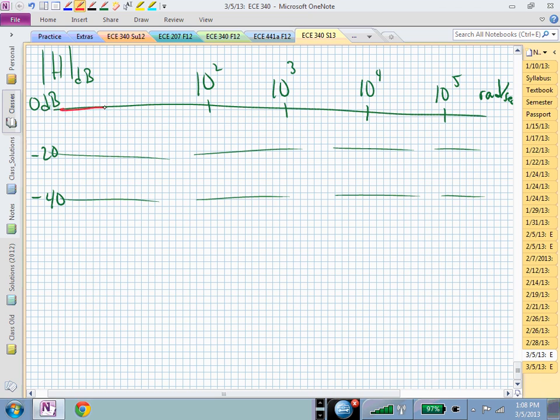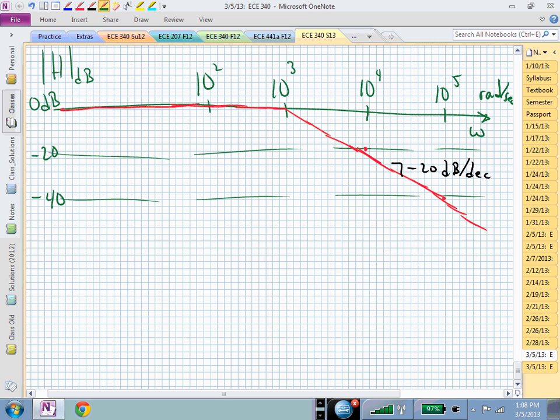I now know that I'm flat at 0 dB until I reach the break frequency, which is 1,000, and then I'm going to be going down 20 dB per decade after that. I like to indicate that by saying here's a slope of minus 20 dB per decade. And that's actually a logarithmic horizontal axis, log of omega, but we usually label that as omega.